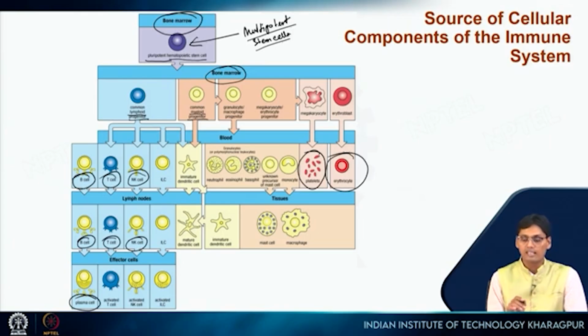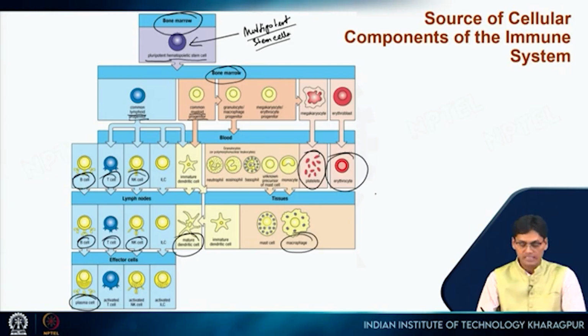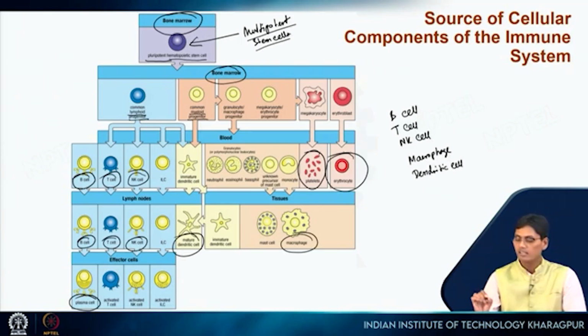In addition to that, we have to be very careful about these two cells also. They are also very important, macrophage and dendritic cells, right? So I am just summarizing here: B cell, T cell, NK cell, and then macrophage and dendritic cell.